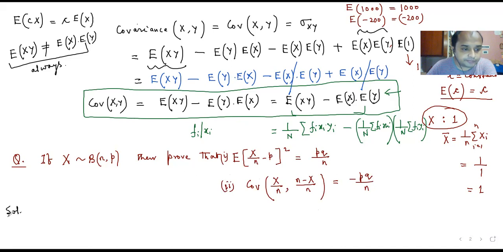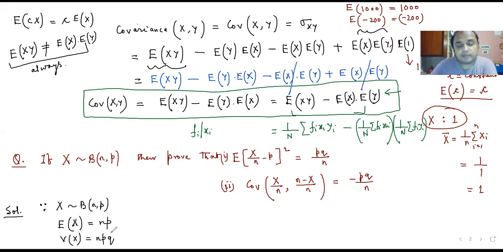Solution. Now, since X is a binomial random variable with parameters small n and p, we can immediately say that expectation of X is equal to NP and variance of X is equal to NPQ. These are our immediate conclusions from the condition given in the problem.